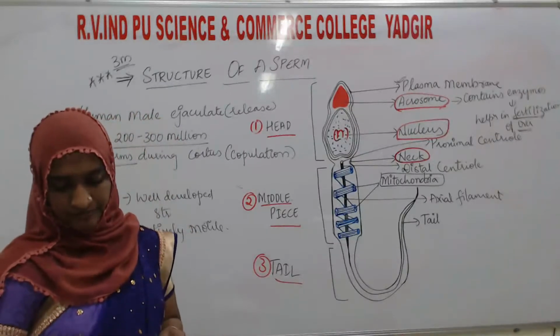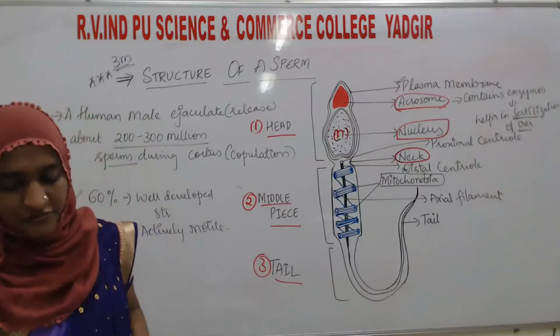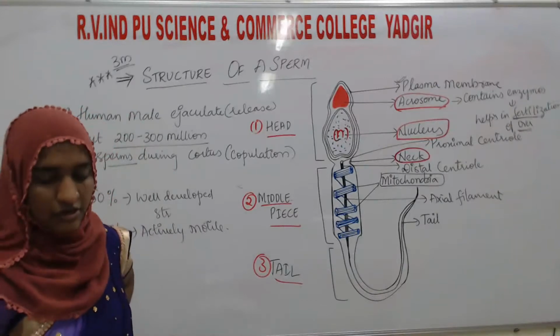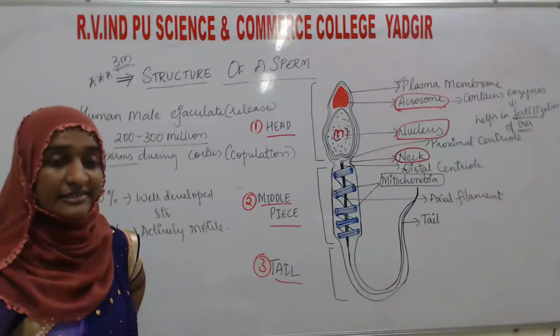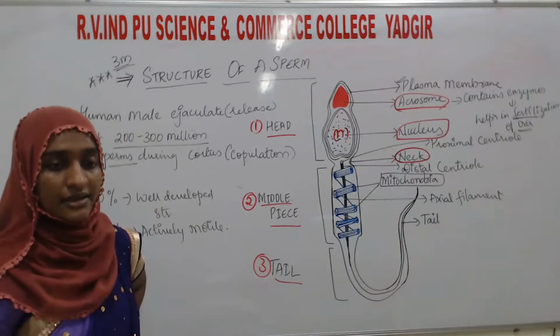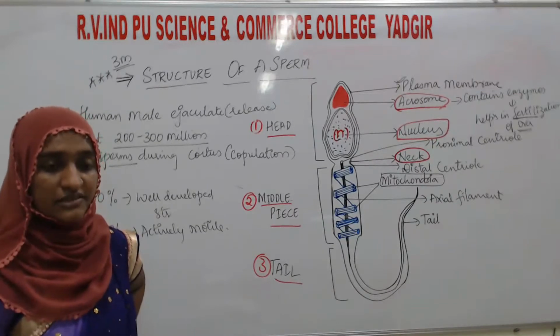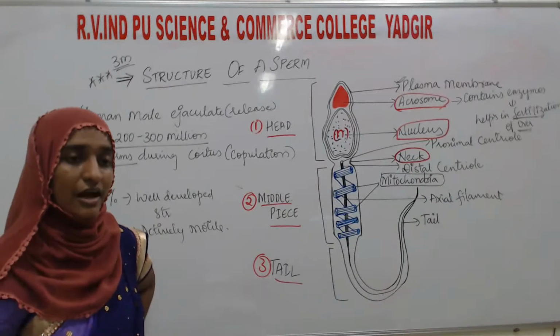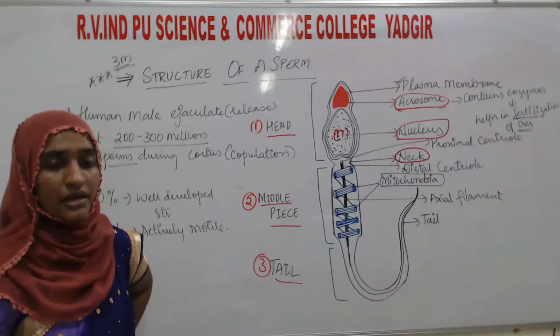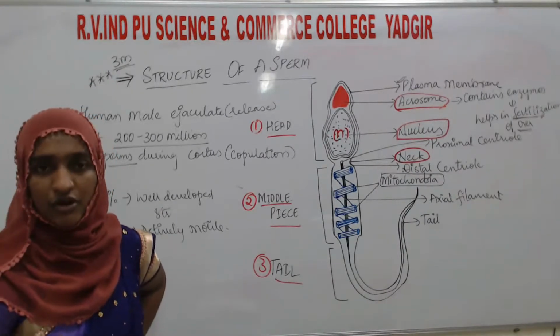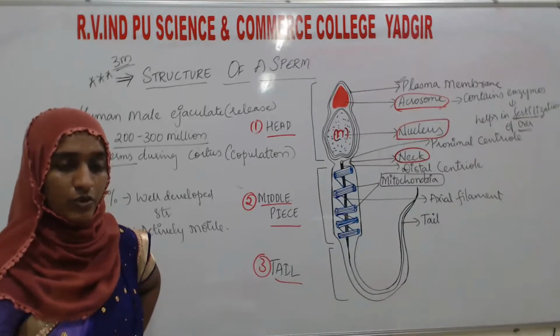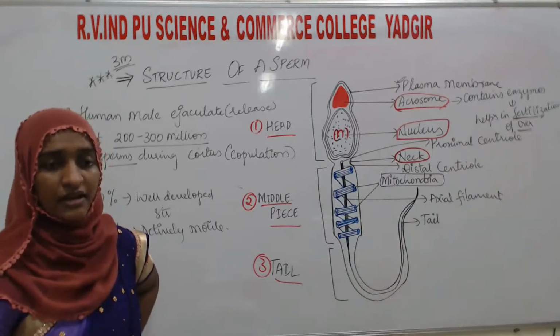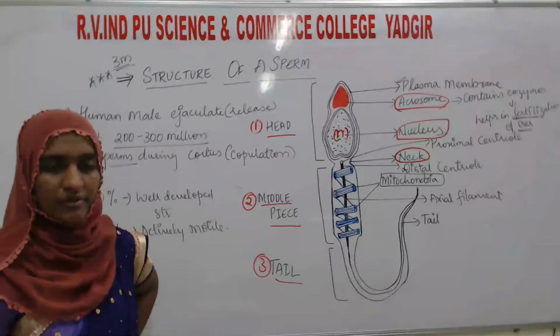Next, sperms released from the seminiferous tubule are transported by the accessory ducts, that is the rete testis, vasa efferentia, vas deferens, epididymis, then to the urethra. When it comes to the urethra, there are some glands, which you have already studied: the prostate, bulbourethral glands and seminal vesicle.